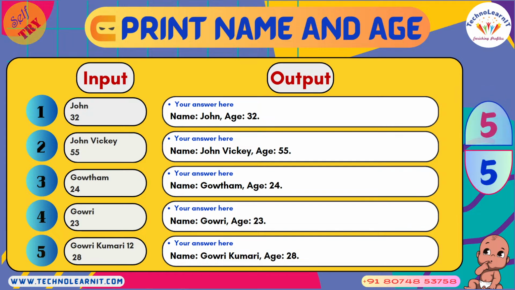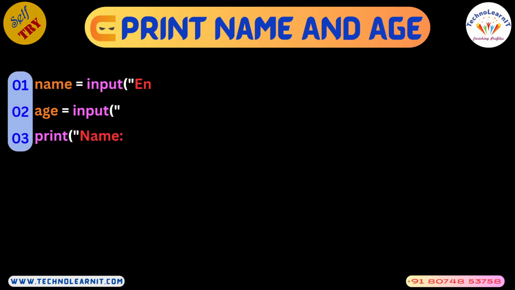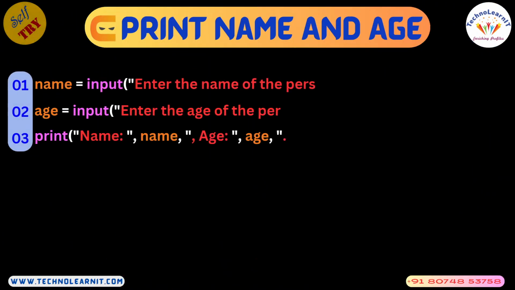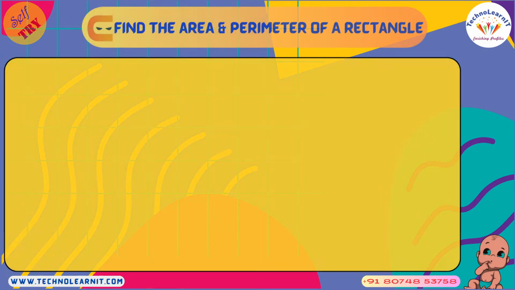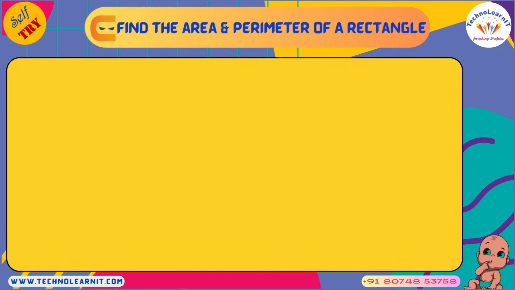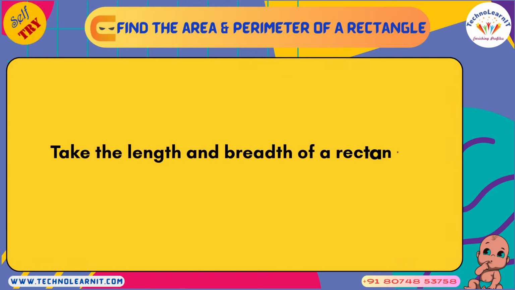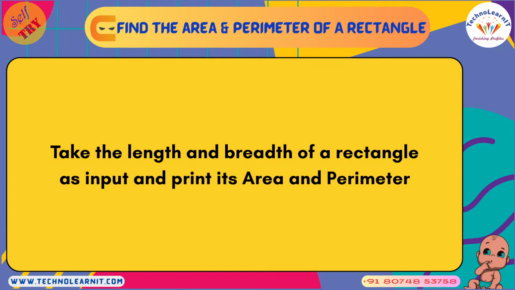All right, let's move on to the code. Okay. Next one is to find the area and perimeter of a rectangle. This is a description of the problem. Take the length and breadth of a rectangle as input and print its area and perimeter.